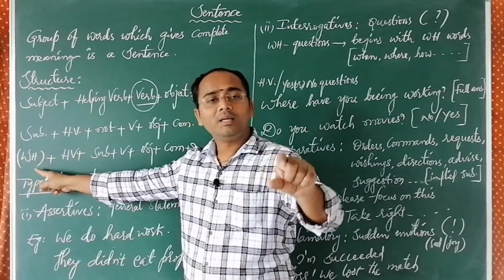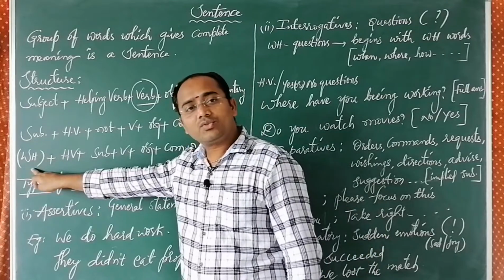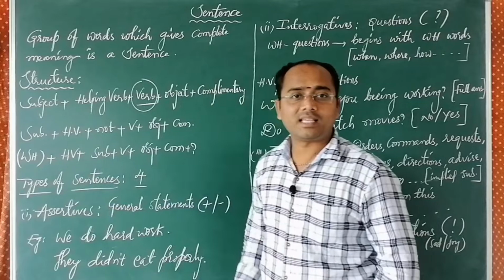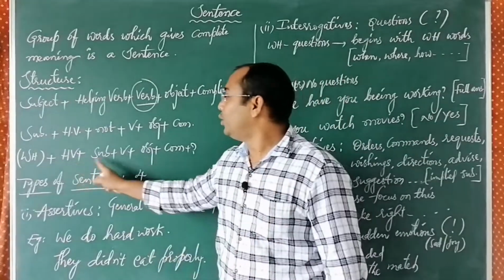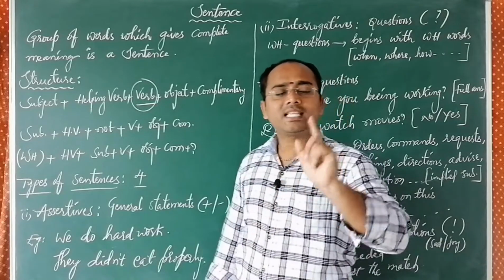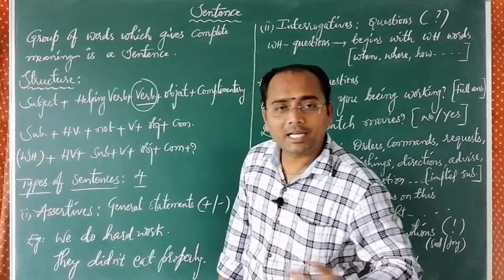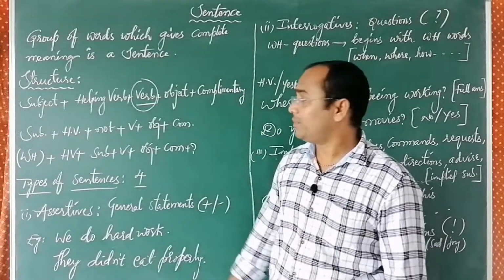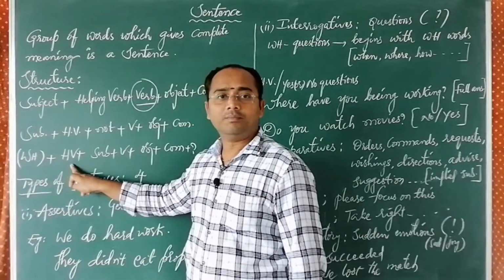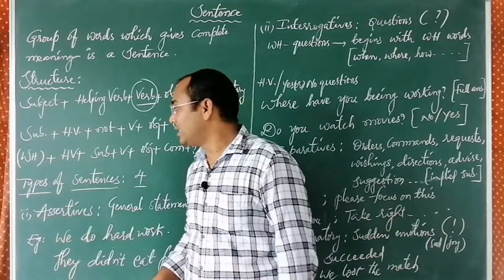A question may be formed with a WH word or without a WH word also. Let me tell you one example. When did you wake up? That is a question. And did you wake up is also a question. That means a question will be formed by a WH word or a helping verb. What the difference is, we will discuss now.